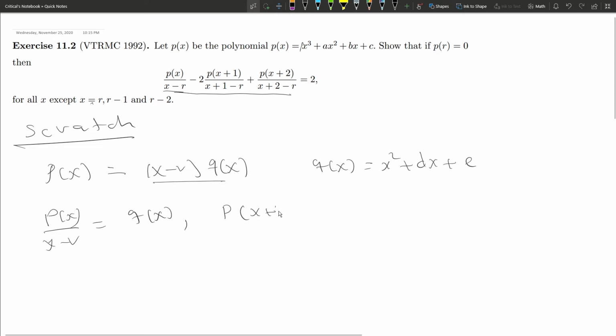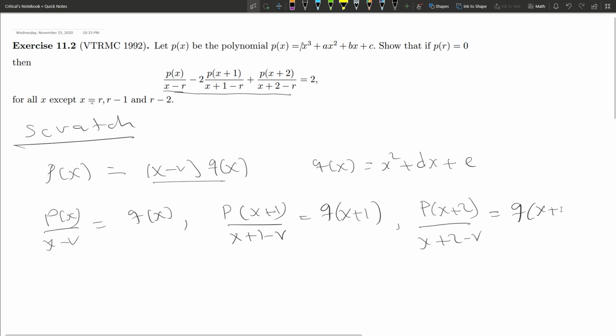So p of x plus 1 over x plus 1 minus r is q of x plus 1, because the denominator is cancelled by the term over here. When you plug in x plus 1, you get x plus 1 minus r. And the same thing for the other term: p of x plus 2 over x plus 2 minus r is q of x plus 2.